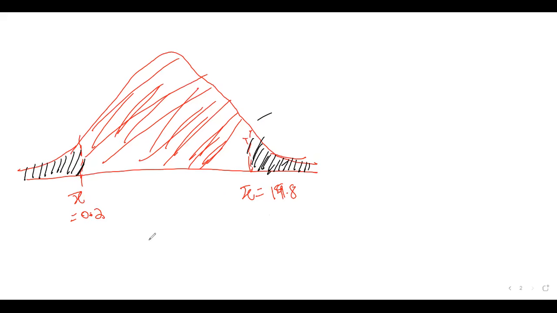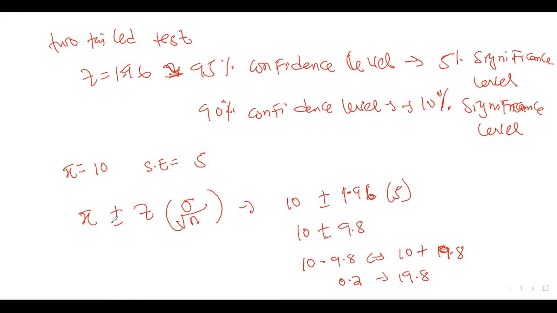Now, one thing you must know is that this 0.2 here corresponds with the z-value of negative 1.96. Because remember, it is the mean plus or minus the critical value times the standard error.